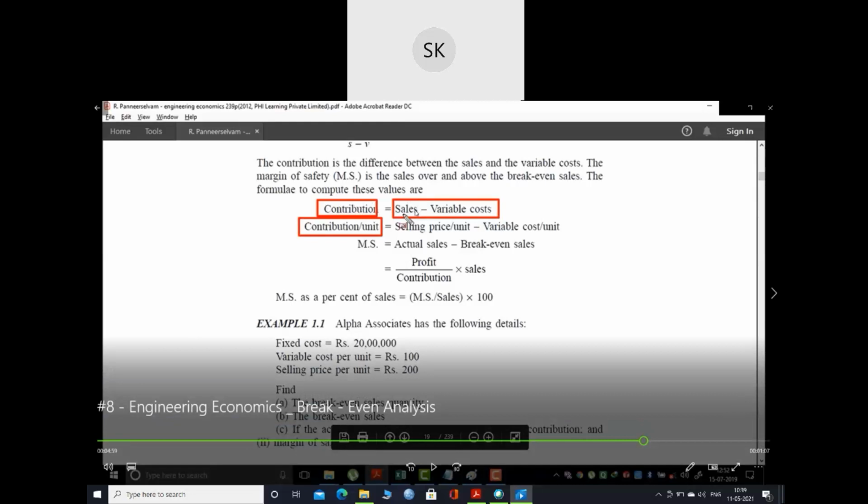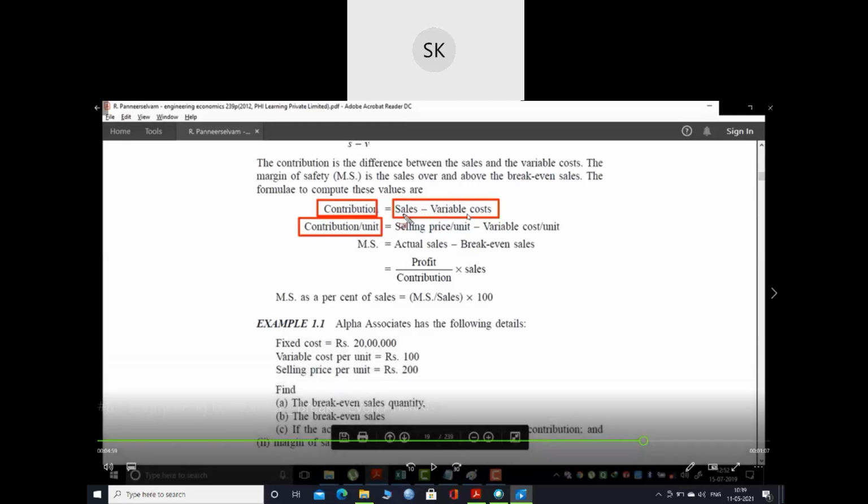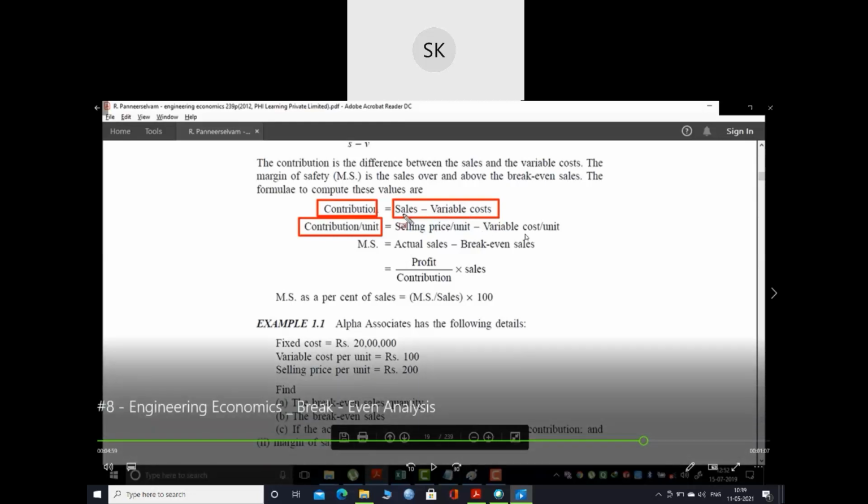So how can you find the contribution? Difference between sales, that means small s into Q, minus variable cost, small v into Q. Okay, or selling price per unit minus variable cost per unit.